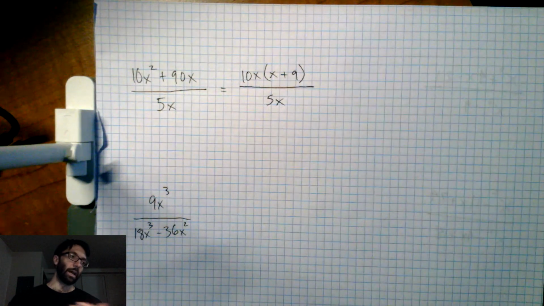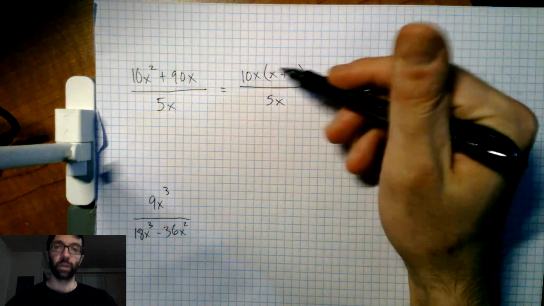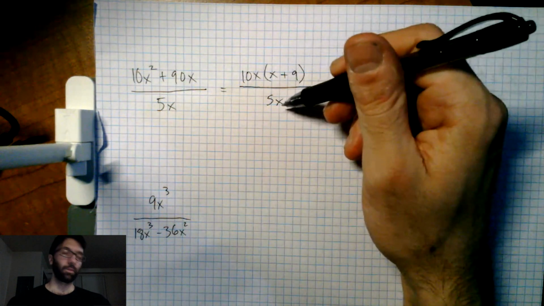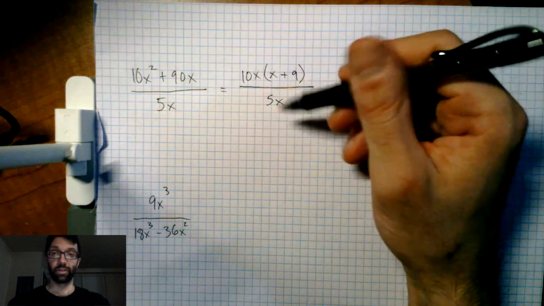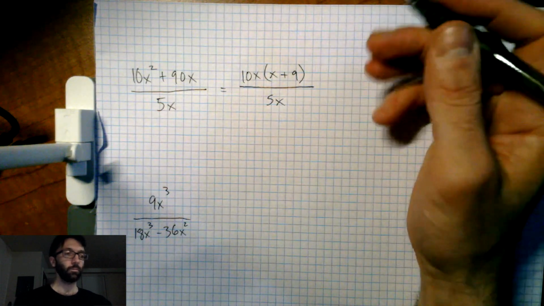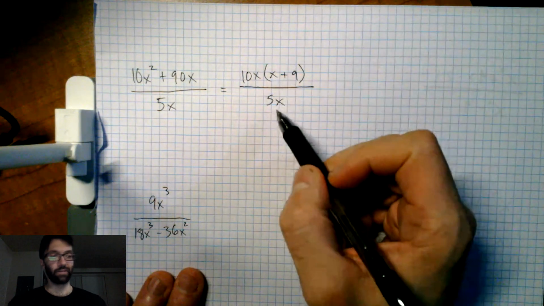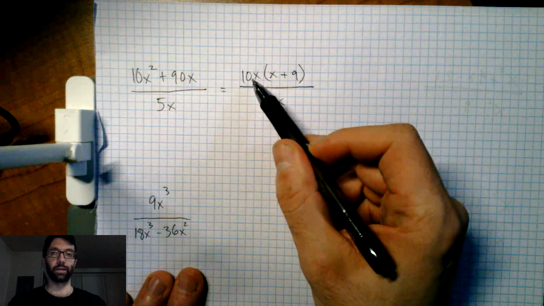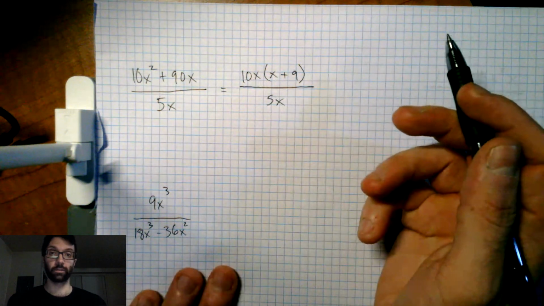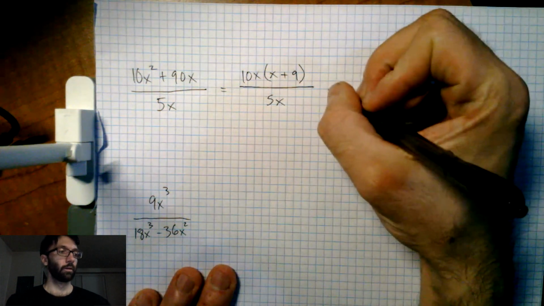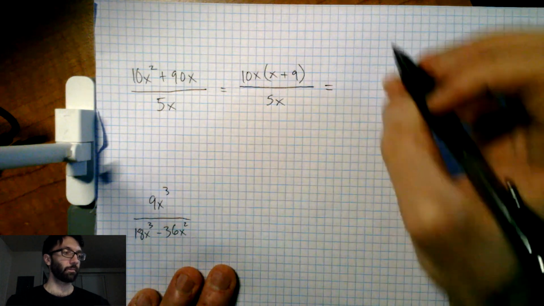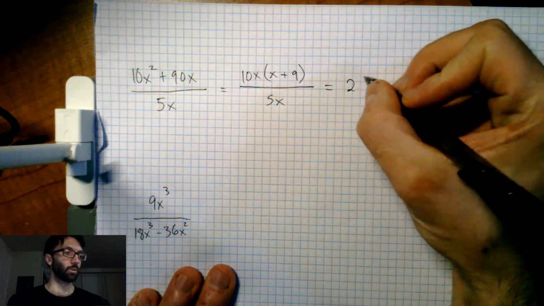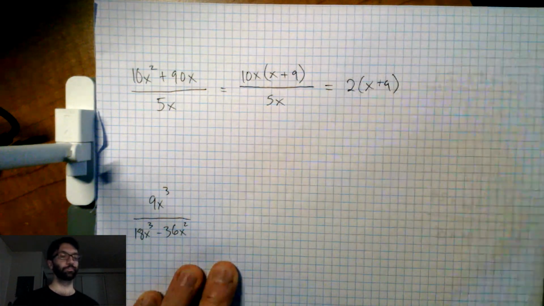Now that we have a fully factored numerator and a fully factored denominator, we can look for things to cancel. I know that my 5x will go into my 10x twice. And so I can rewrite this as 2 times the quantity x plus 9.